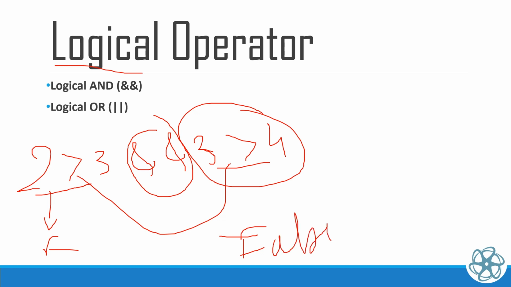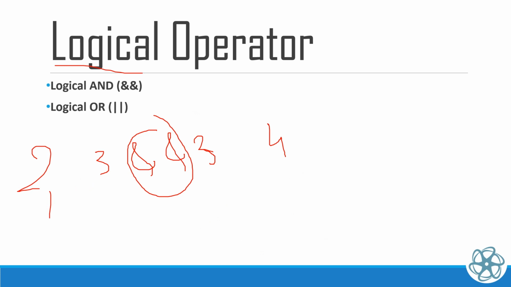Okay, so it works like this. If I change this greater sign and write 2 is less than 3 and 3 is greater than 4, then it again checks the first condition, which is true. Then it checks the second condition, which is false. Then it tells that the result is false again.